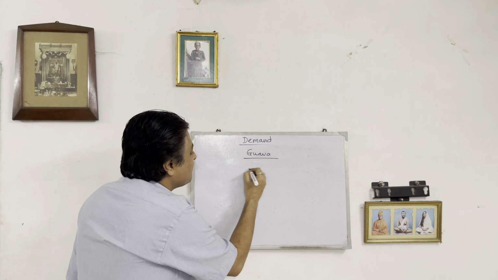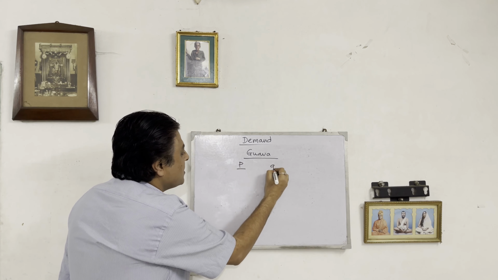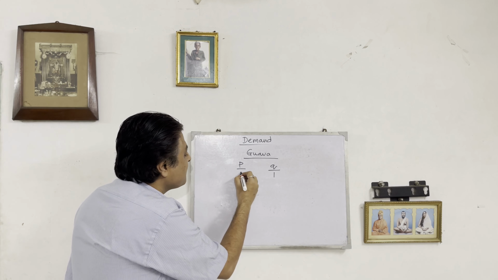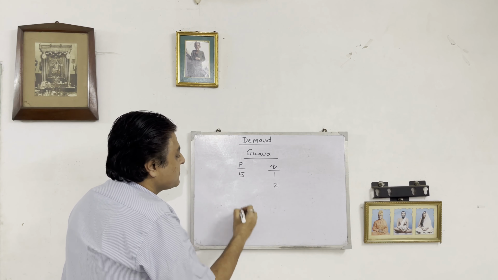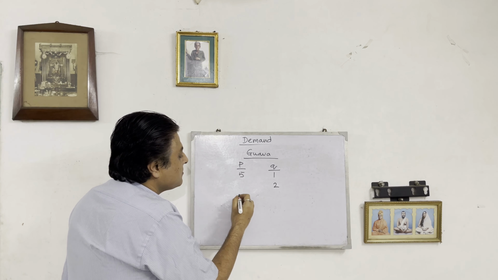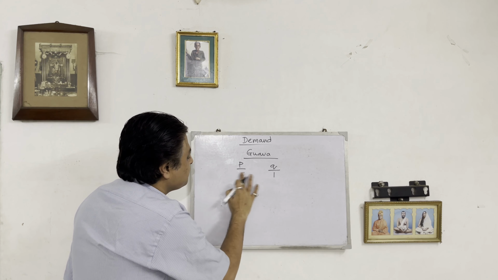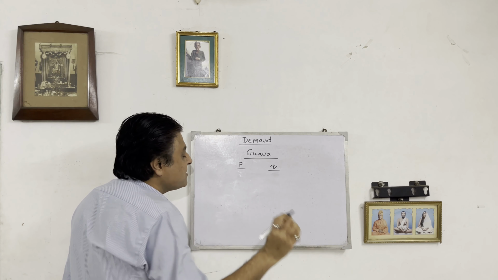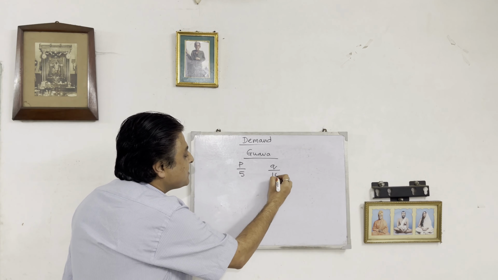The seller for guava says that if you buy one piece of guava, it will cost rupees 5. If you buy 2 pieces of guava, it will cost... If the price of guava is rupees 5, you will get 10 pieces of guava.